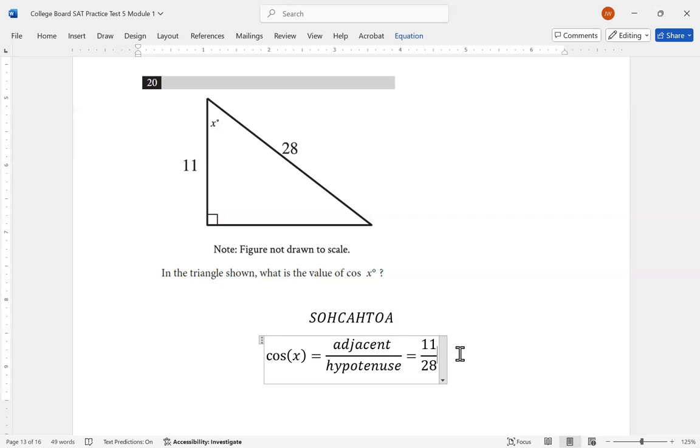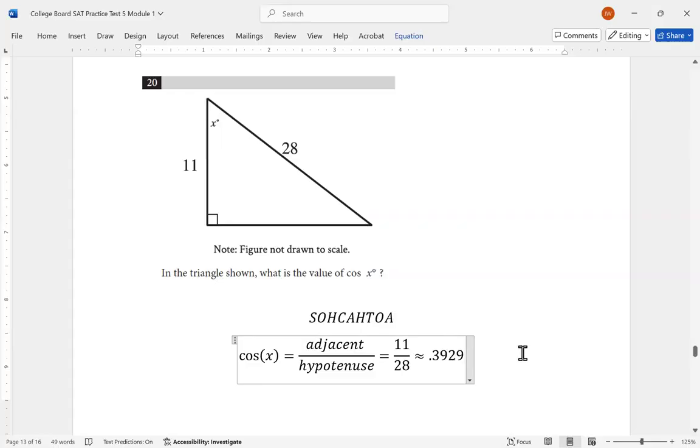And this test asks you to round things to 4 digits. So 0.3929 as a rounded version. Okay, that's all in the instructions.